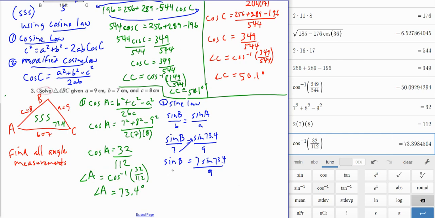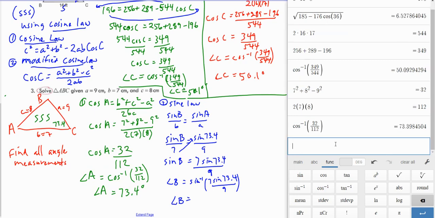Okay, so then we have angle B is second function sine of all of that. So finally, we can punch all this into the calculator.